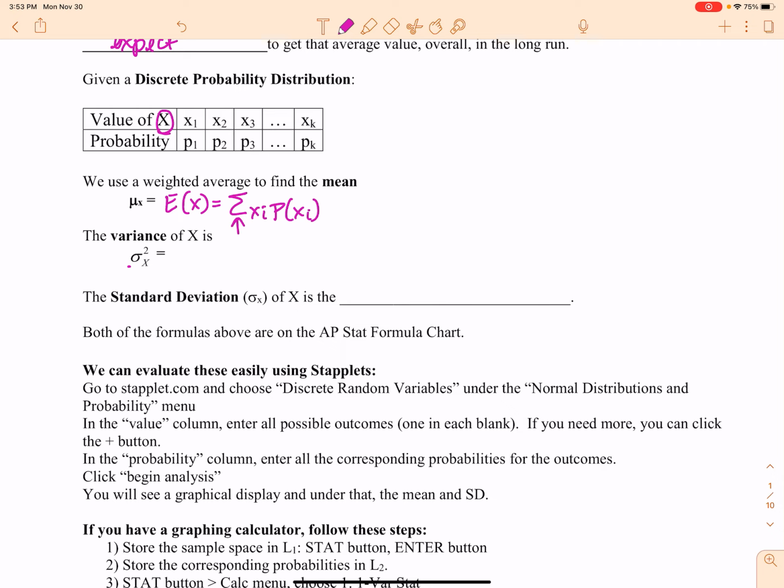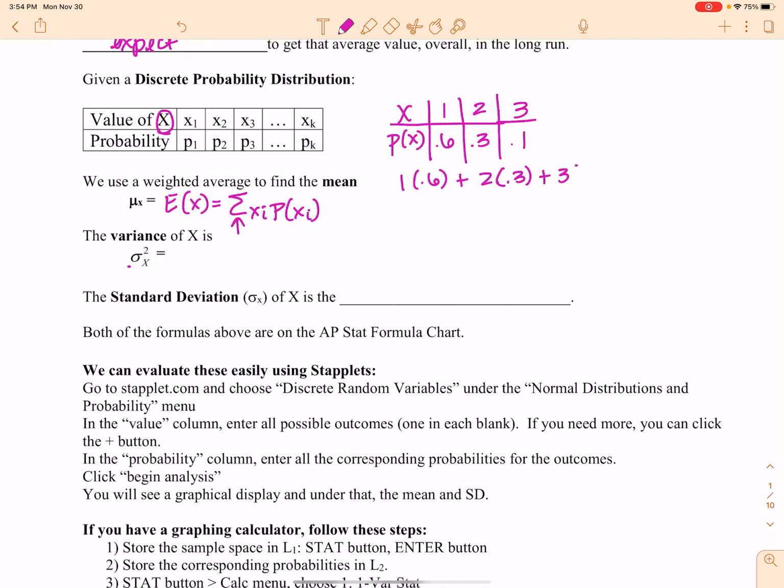As a simple example, let's say I had something like this for a probability distribution, and all my possible outcomes were 1, 2, 3, and the probabilities were 0.6, 0.3, and 0.1. So let's say I take 1 times 0.6 plus 2 times 0.3 plus 3 times 0.1.